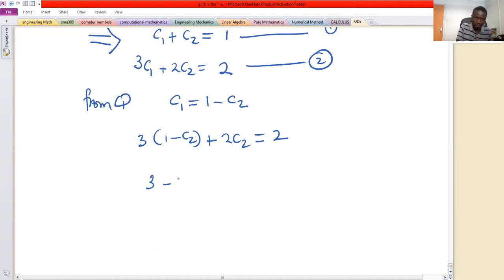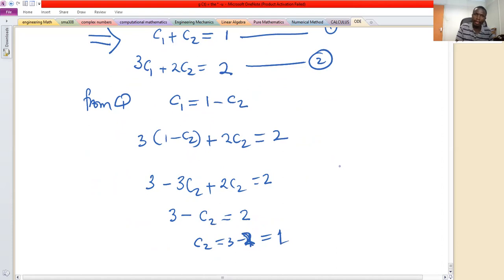So 3 minus 3C2 plus 2C2 equals 2. So 3 minus C2 equals 2. So C2 equals 3 minus 2, which is 1. And then C1 from here will be given by 1 minus C2, which is 1 minus 1, equals 0.